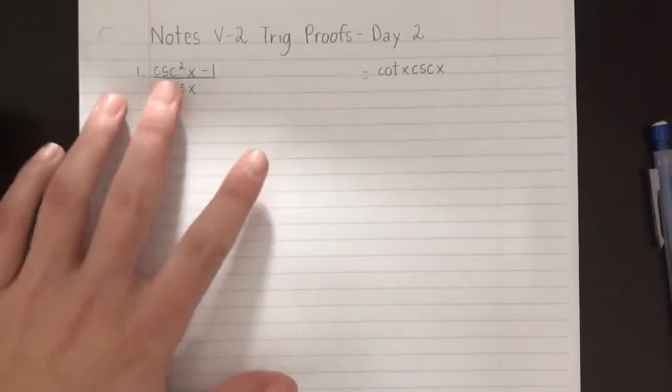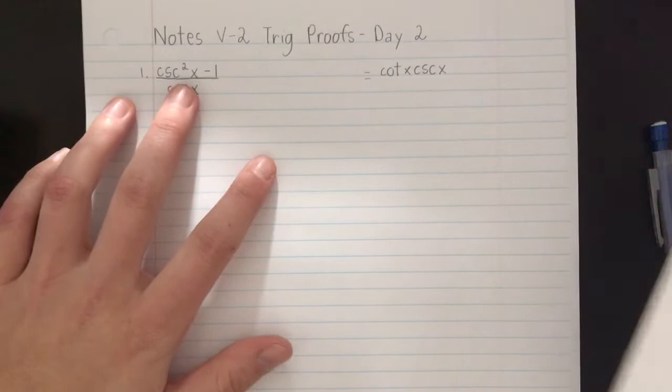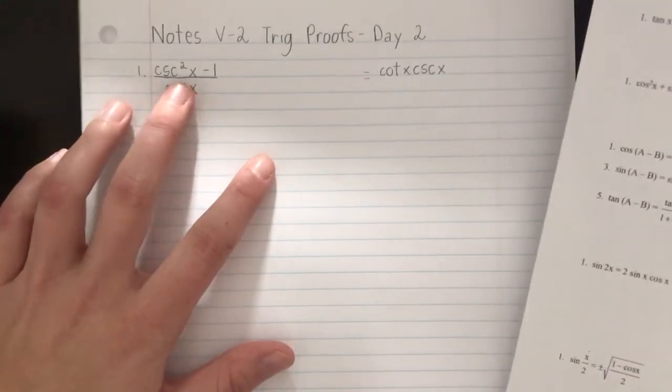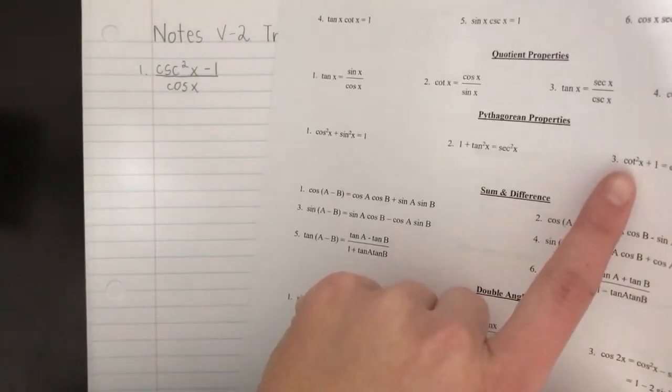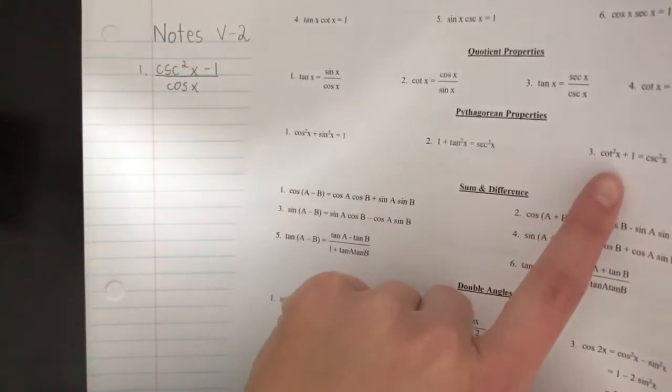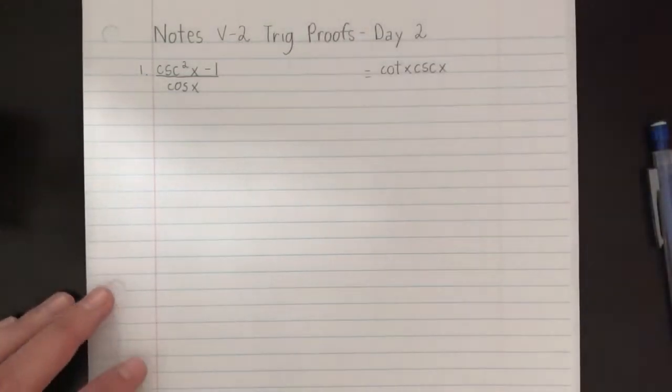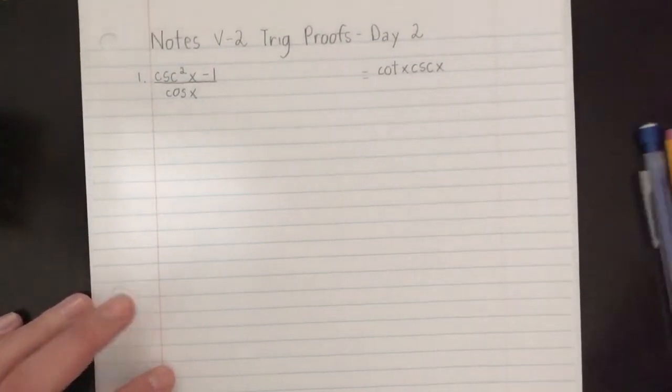The first thing I notice, when I'm going to try this on my own, is that this cosecant squared x minus 1 could be equal to cotangent squared of x from the Pythagorean property number 3.